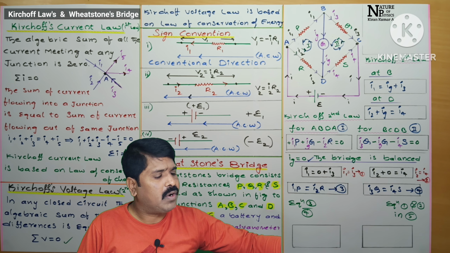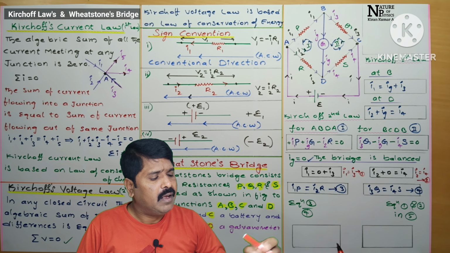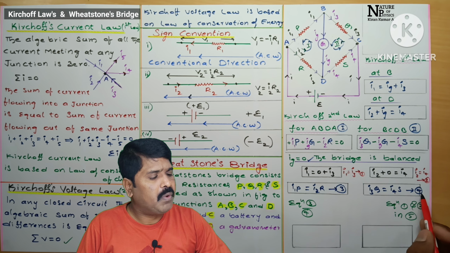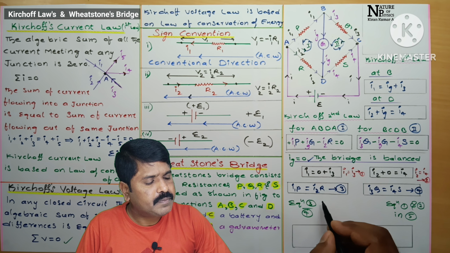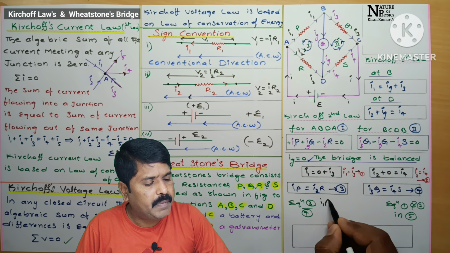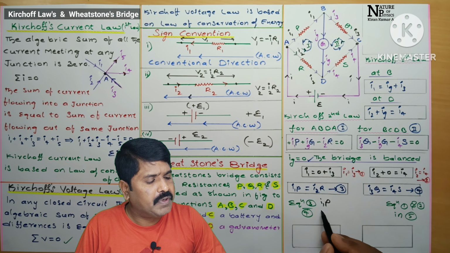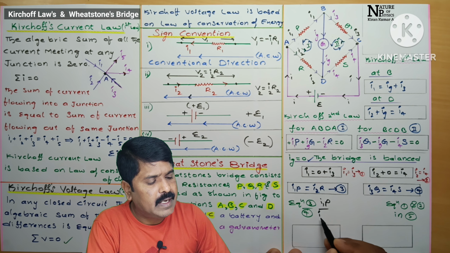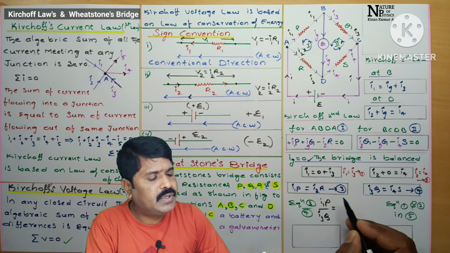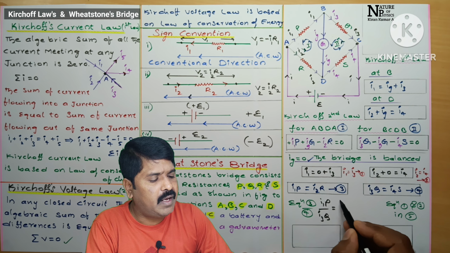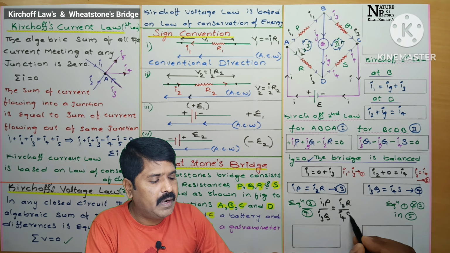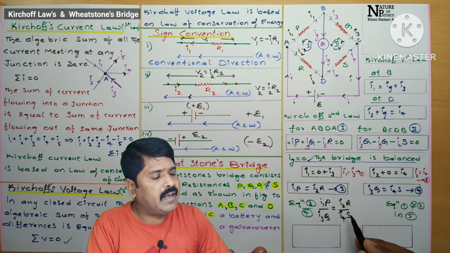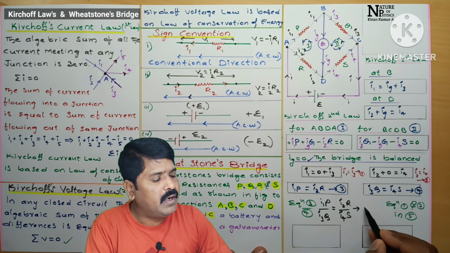See, student, according to this, equation 3 divided by equation 4 I am writing. Equation 3 on the LHS is I1P, and equation 4 is I3Q, and on the RHS from equation 3, I2R is equal to I4S, student, and this I can write as equation number 5.